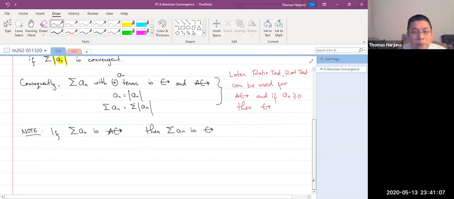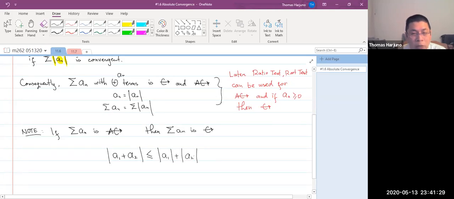What's the proof? Here's the proof. We know that A1 plus A2 is less than or equal to the absolute value of A1 plus A2, which is less than or equal to the absolute value of A1 plus the absolute value of A2.